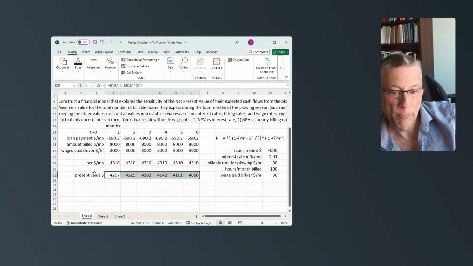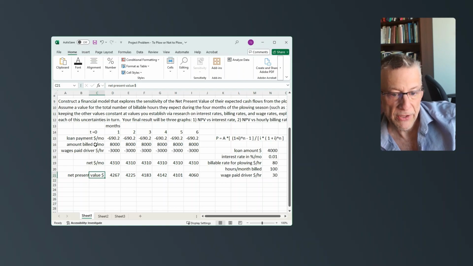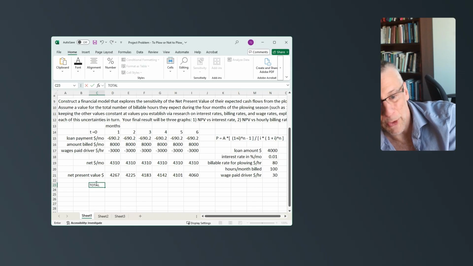The net present value of the entire project is going to be the sum of each one of these months. So I suppose that these dollars could correspond, because they come in each one, to units of dollars per month, but we're just going to sum all these up into a total net present value.